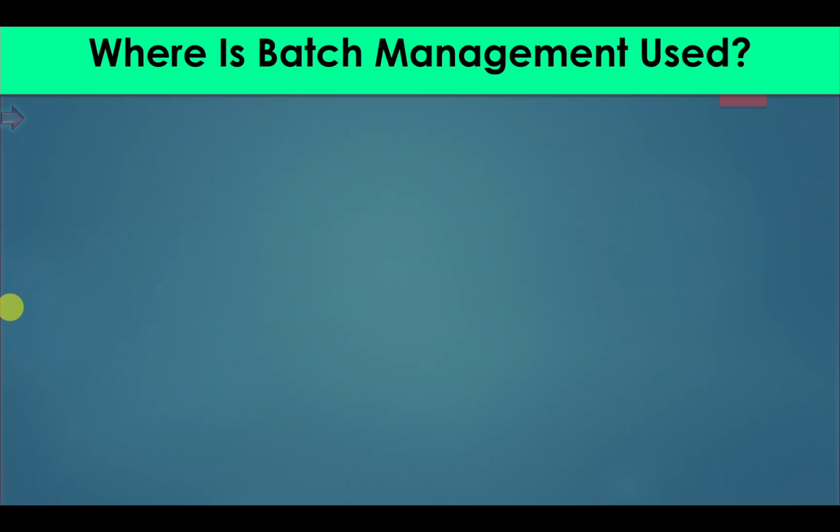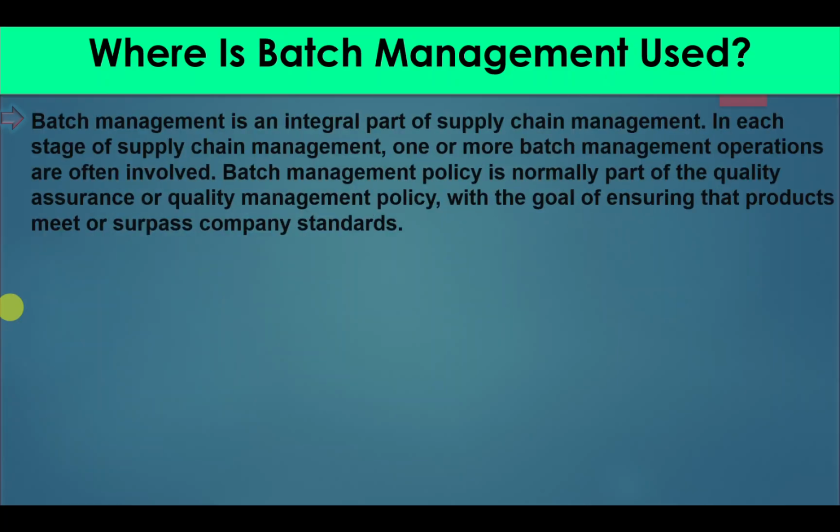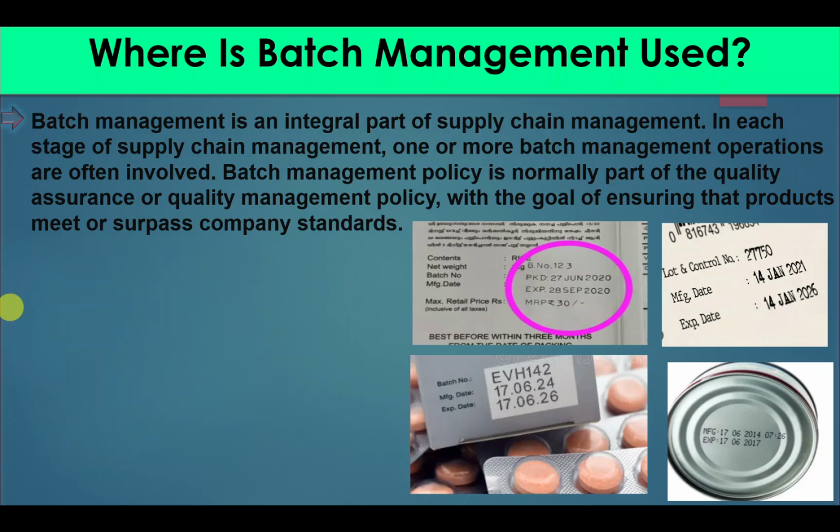Then where do we use batch management? I'm talking about SAP. We already saw batch management in companies, but if I consider SAP, batch management is used in the supply chain on almost every aspect, and almost every department in SAP uses a batch.